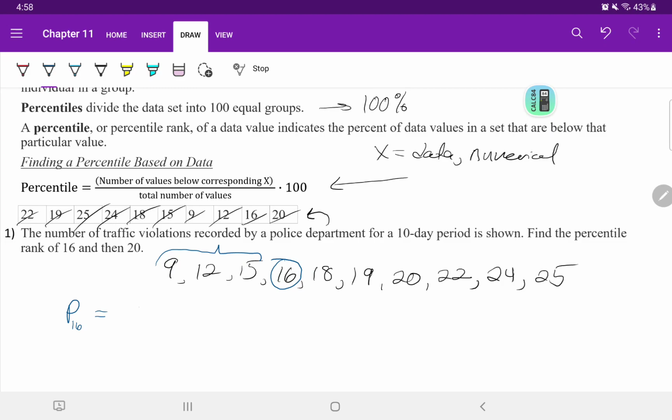So that is going to be 3 divided by how many data values in total? There are a total of 10 data values. And then you times that by 100. Let's do the math. 3 divided by 10 is 0.3. So 0.3 times 100. And when I multiply 0.3 by 100, that gives me 30.